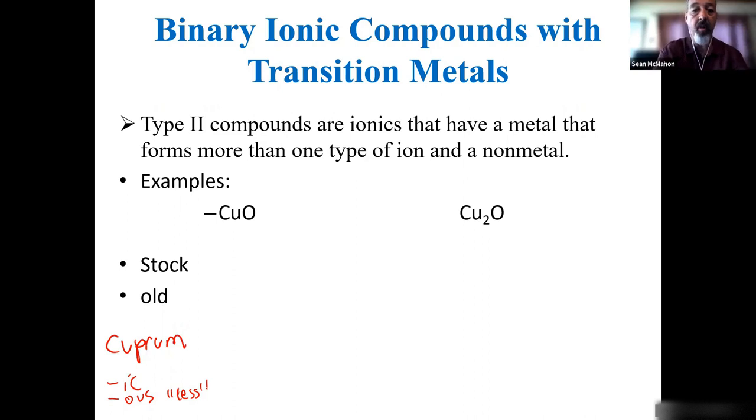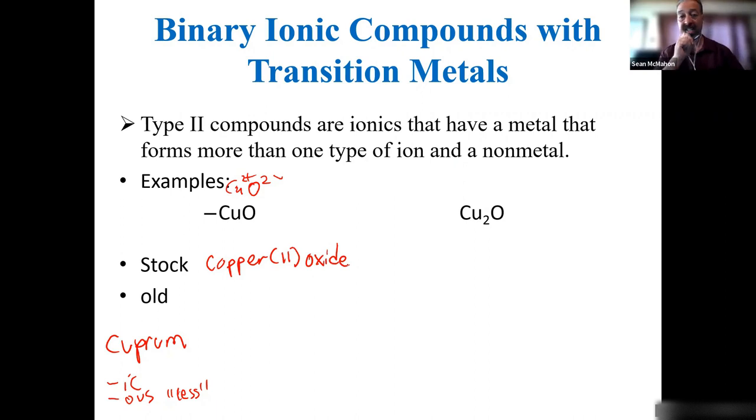So I know both of these have oxygen. Let's look at this one. I look on the periodic table and oxygen has a 2- charge because it's group 6A and it's 2 away from the noble gas. So if it's a 1-to-1 ratio with copper, what charge would cancel out 2 negative? It's got to be a 2 positive. So this would be copper 2 oxide.